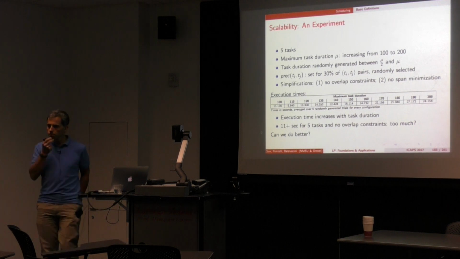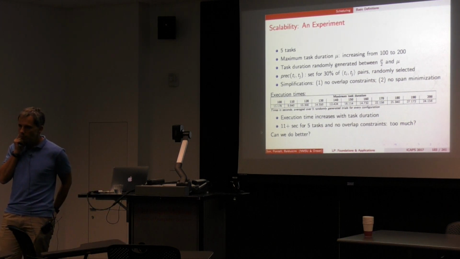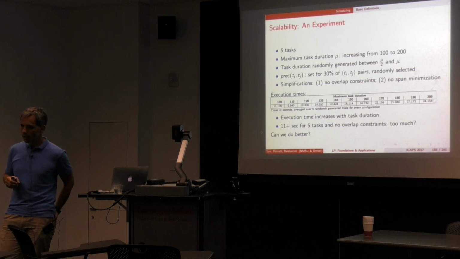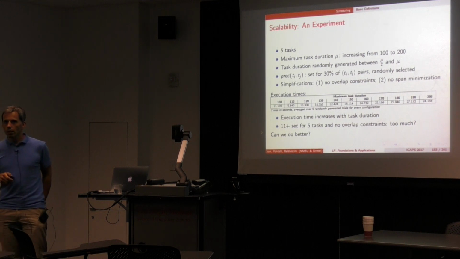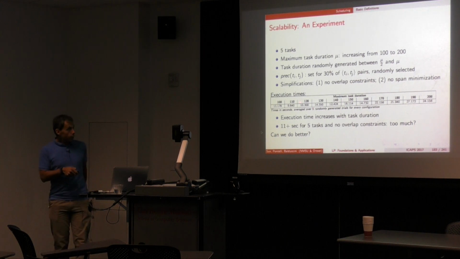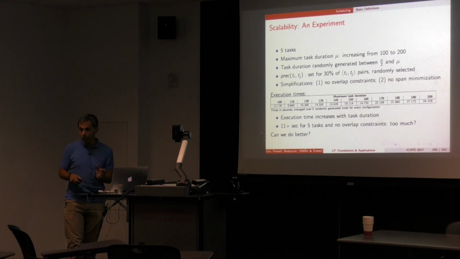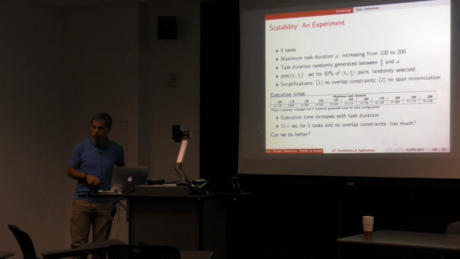Yes? May it not be that if the tasks are larger, the overlapping is more probable, so it's more difficult, the complexity may actually... It might, but we don't have overlap here. Okay. Right, so the precedences are there, so maybe there is a little bit there.